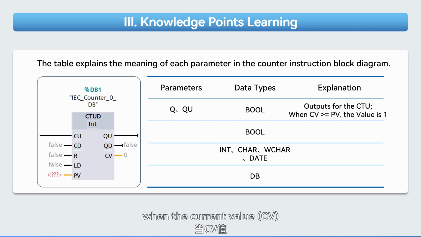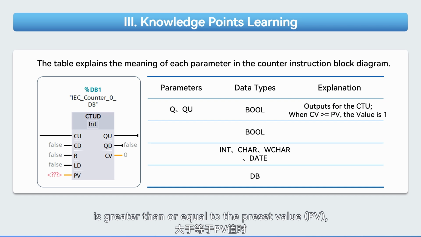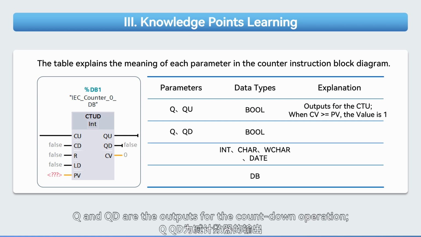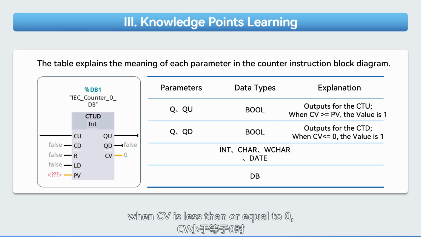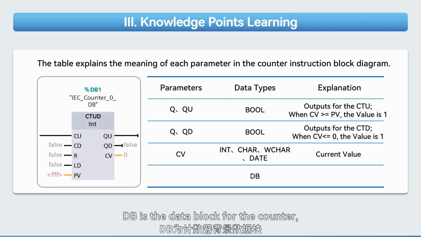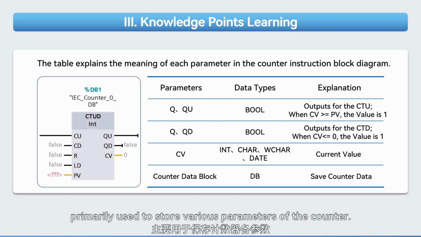When the current value, CV, is greater than or equal to the preset value, PV, the outputs Q or QU will be 1. Q and QD are the outputs for the countdown operation. When CV is less than or equal to 0, the outputs Q or QD will be 1. CV represents the current value of the counter. DB is the data block for the counter, primarily used to store various parameters of the counter.